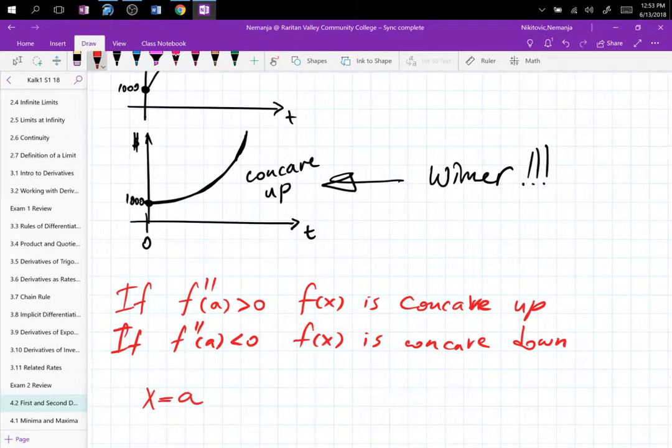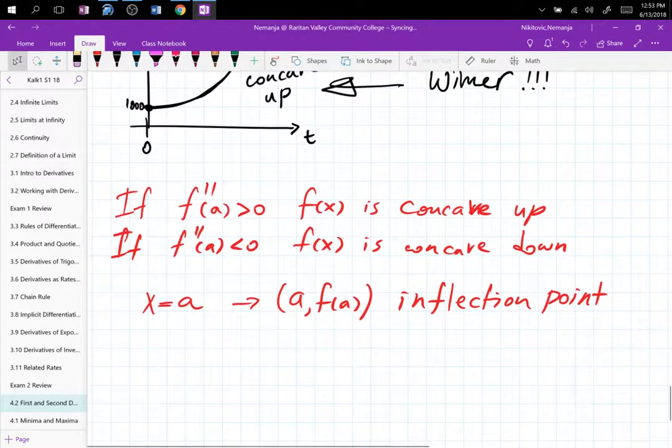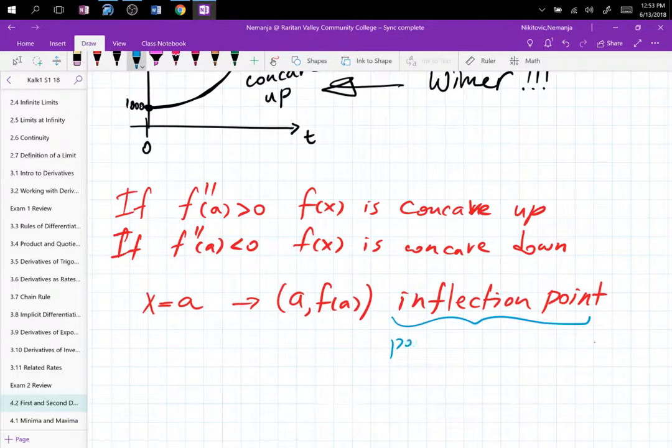X equals a will yield f of a, which is an inflection point. An inflection point is defined as a point at which concavity changes.